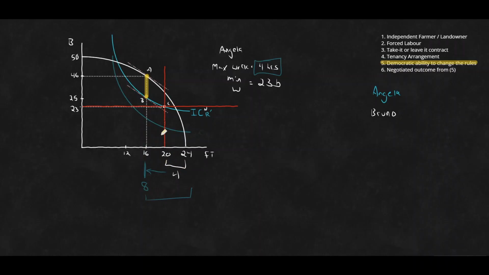Based off of this, the other issue that we end up seeing is at this point, well, if we are at 20 hours of free time, so 4 hours of work, we have our marginal rate of substitution, but we have our marginal rate of transformation, which is much steeper. So marginal rate of transformation is greater than our marginal rate of substitution. We aren't at a maximizing point. This isn't the biggest point that we could get.